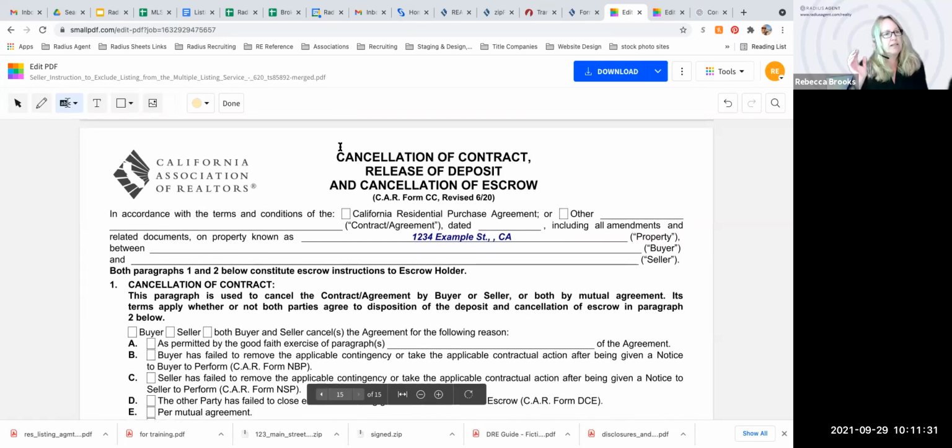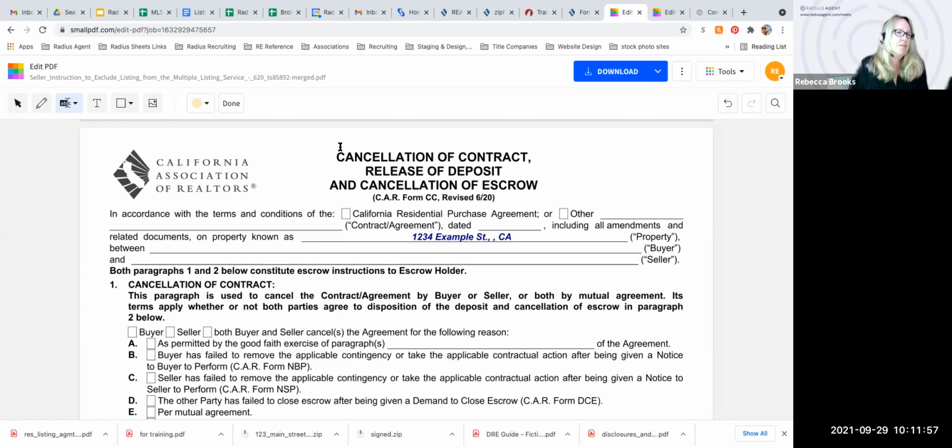I just want to say really quickly, if you ever get to the point where you think a transaction is going to cancel, the very first thing you should remember is, protect yourself in writing with your client. You should probably be advising them in writing to seek the advice of a qualified California real estate attorney. You never, ever, as an agent, want to be saying who's right and who's wrong.